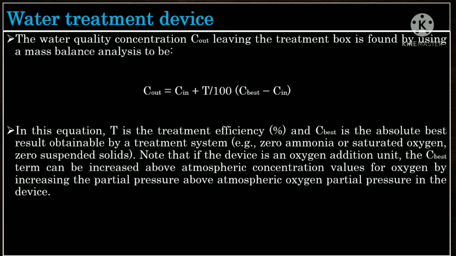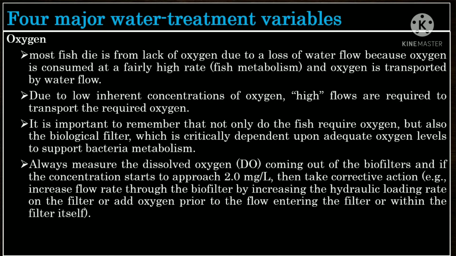So the four major water treatment variables, number one is oxygen. The major reason most fish die is from lack of oxygen due to a lost water flow. This is because oxygen is consumed at a fairly high rate by fish metabolism, and oxygen is transported by the water flow.